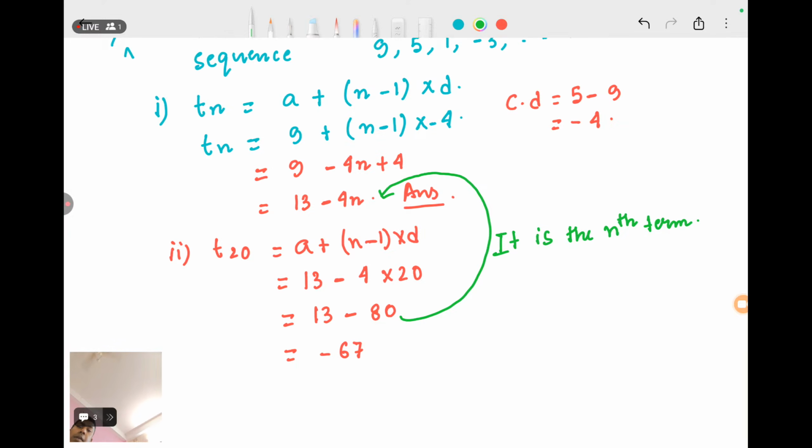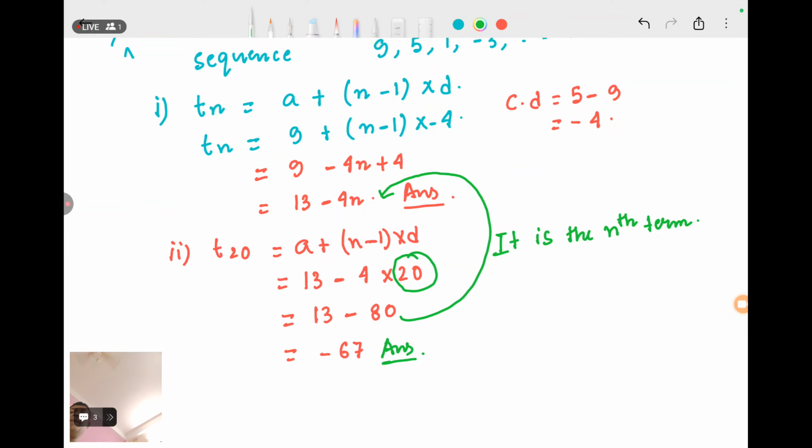So in the equation of the nth term, in place of n we put 20. That is what I have done. I have put 20 in place of n in the equation Tn, so here I have got the answer as minus 67.